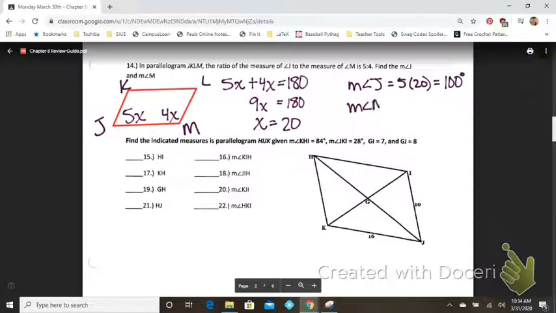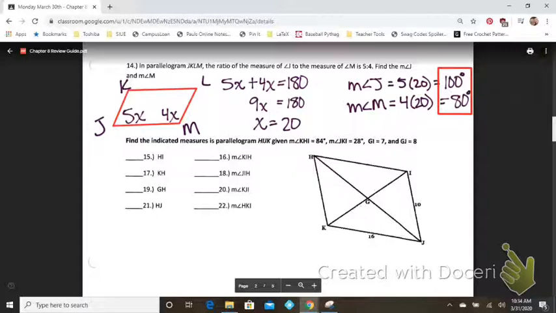The measure of angle M, we would take 4 times 20 and get 80 degrees. So those would be those two angles that they asked us to find. Again, they add up to 180. If you take 100 divided by 80, you would get the reduced fraction 5 over 4.